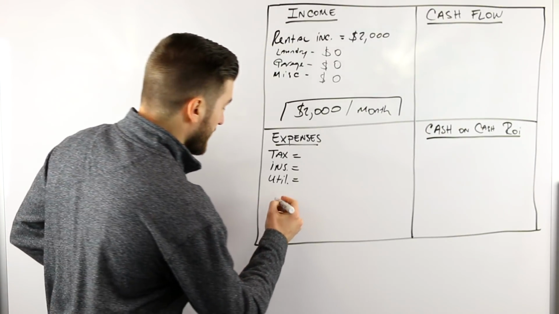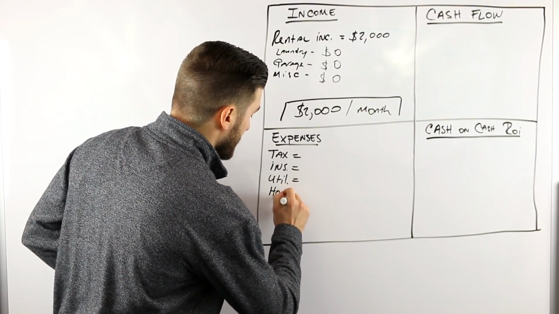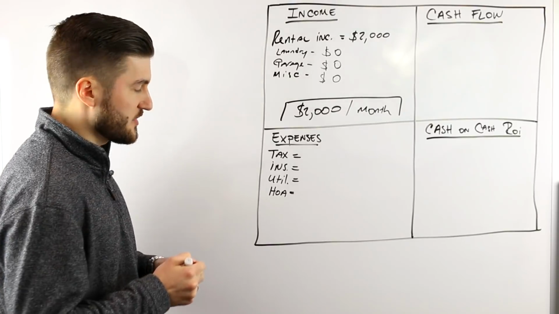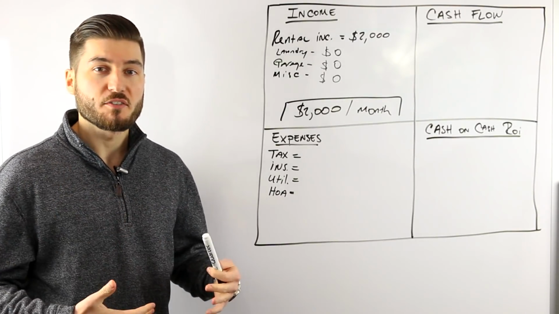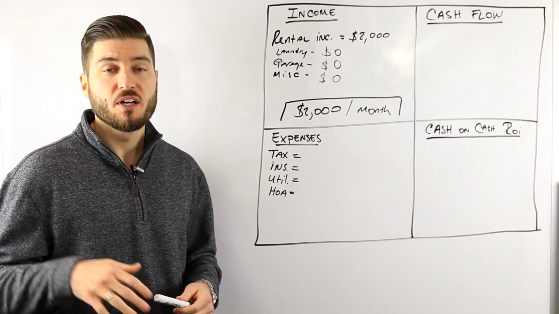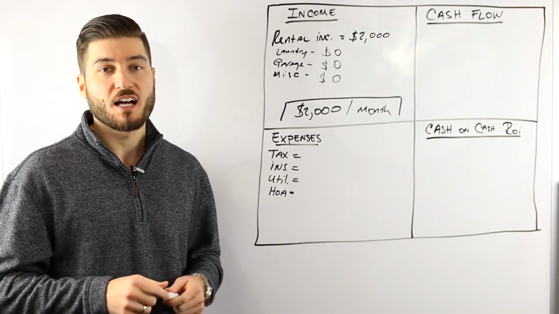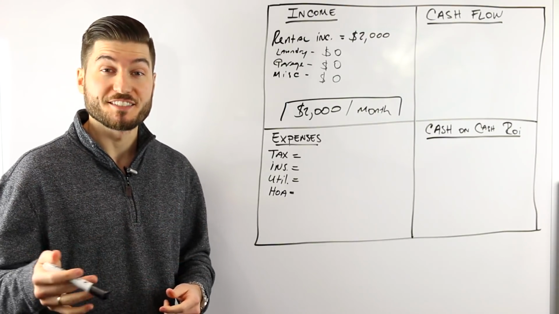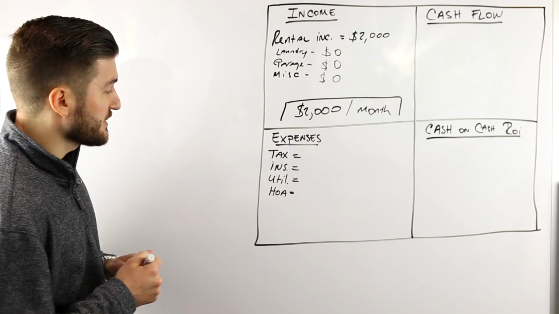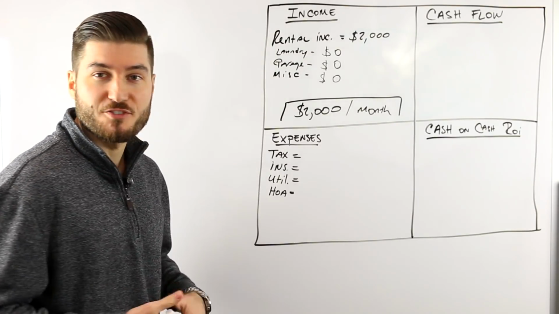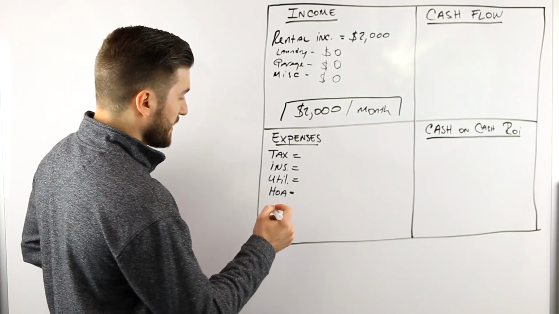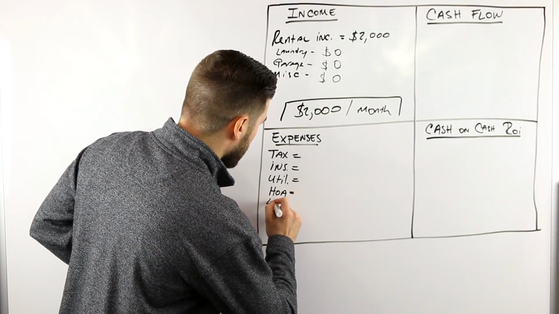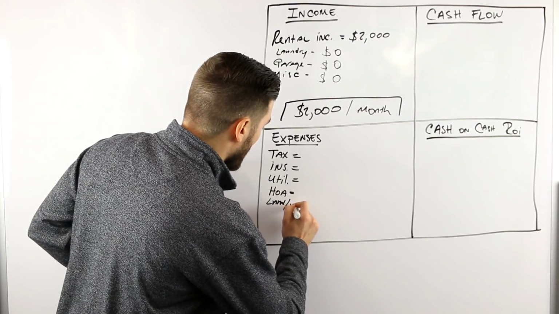You can be in an HOA. HOA stands for Homeowners Association. These are typically monthly or yearly fees for taking care of common areas. If you're in a condo, you can help pull in money in the condo association and the board can make decisions. But for the sake of this example, let's pretend that this house is just a regular house, not in an HOA. So some other expenses, you can have landscaping or snow removal.